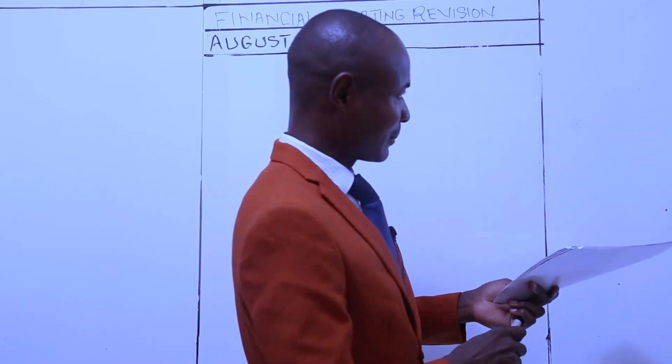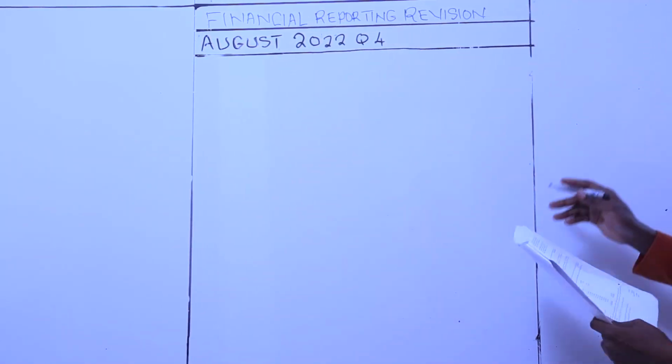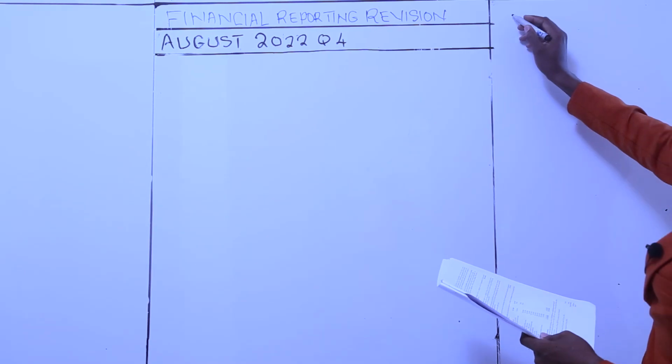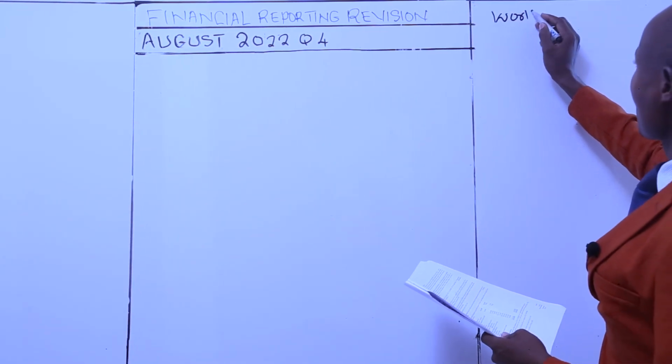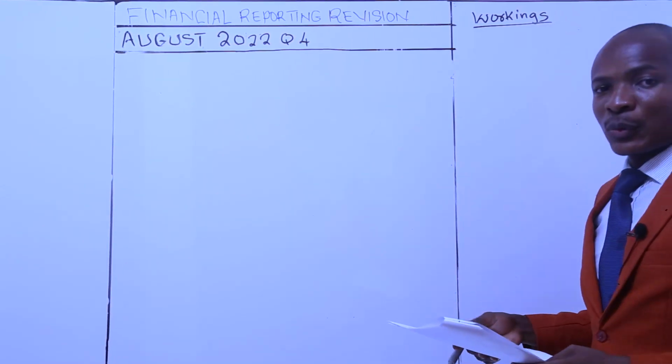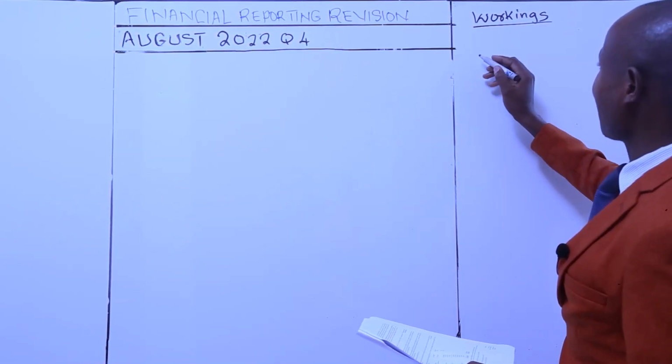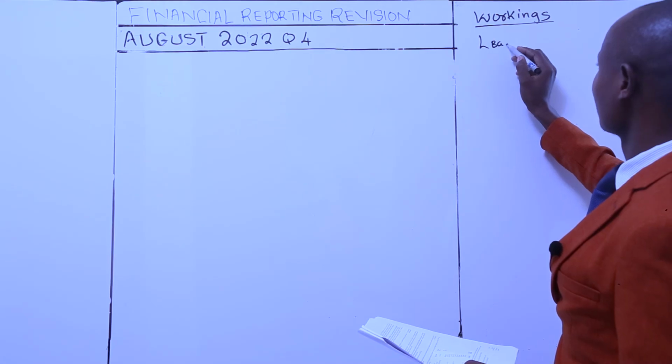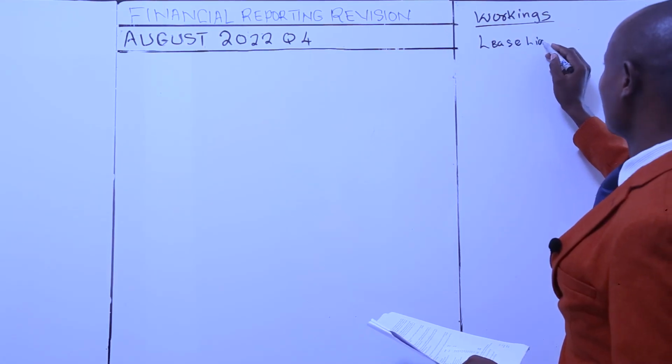So, workings. Our first working is to get the lease liability, which has not been given here.